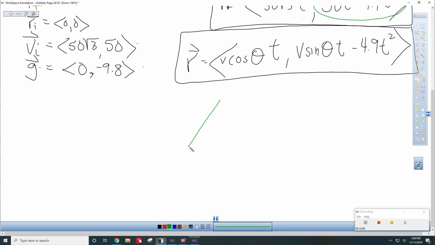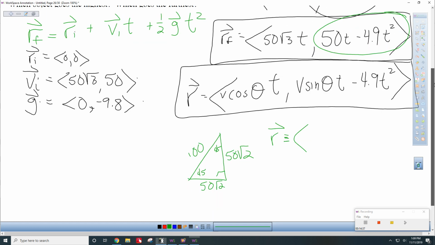So if we still had the 100, but now this was 45 degrees, our components would change to 50 radical 2 and 50 radical 2. So then our position function would turn into 50 radical 2 times t, and then 50 radical 2t minus 4.9 t squared.